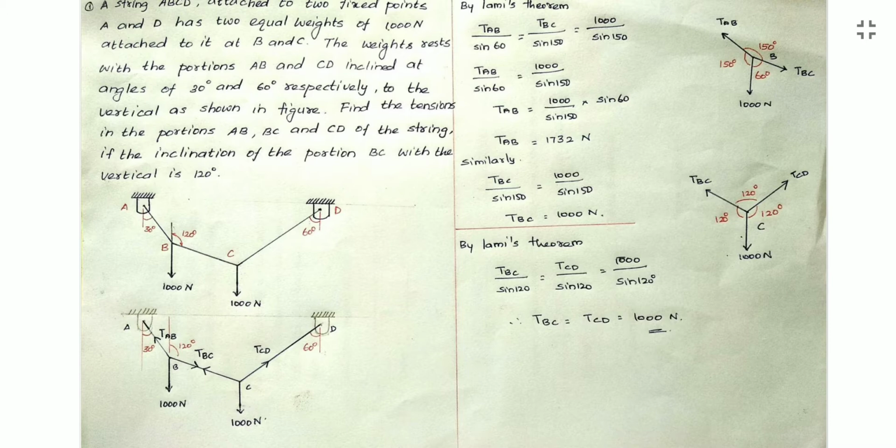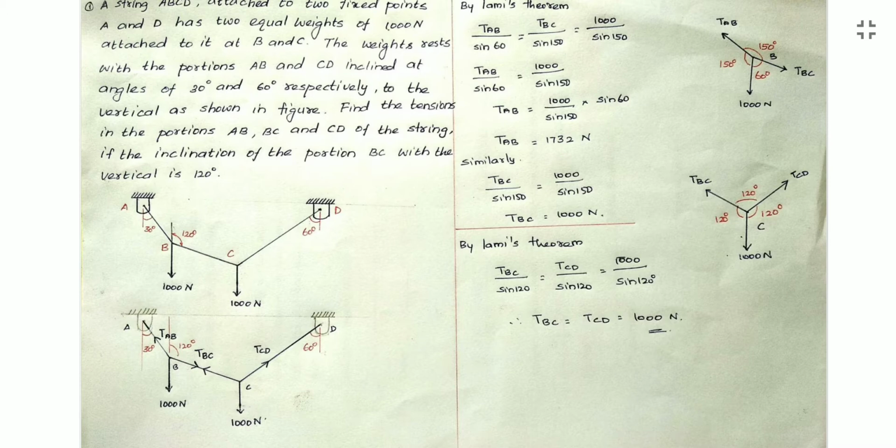So TAB by sin 60, then TBC by sin 150, and 1000 divided by sin 150. First we equate the first and last terms. When we equate the first and last term, TAB is equal to, bringing sin 60 to the right side, we get the TAB value as 172 Newton.